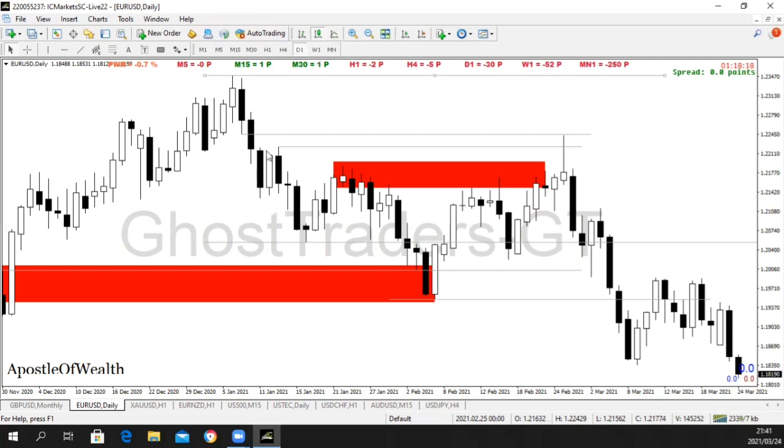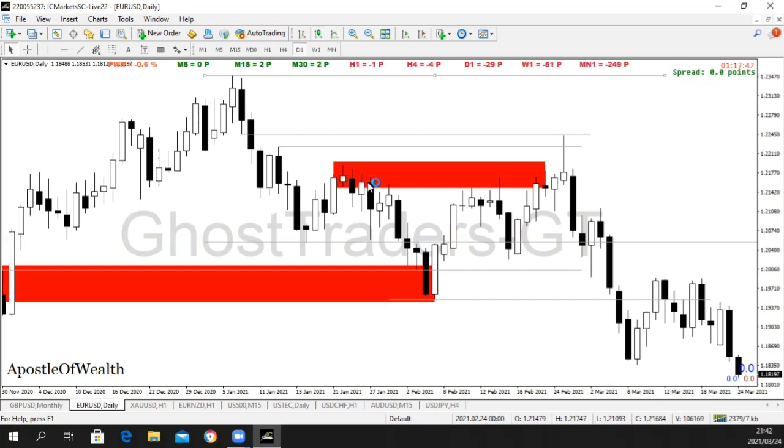So that's the whole idea you need to have. Since we see there is a liquidity pool resting here, what you need to look for is what is here that price can actually use to drop after it has collected this. You definitely know that since we have equal highs here, there are a lot of liquidity pools that need to be collected.